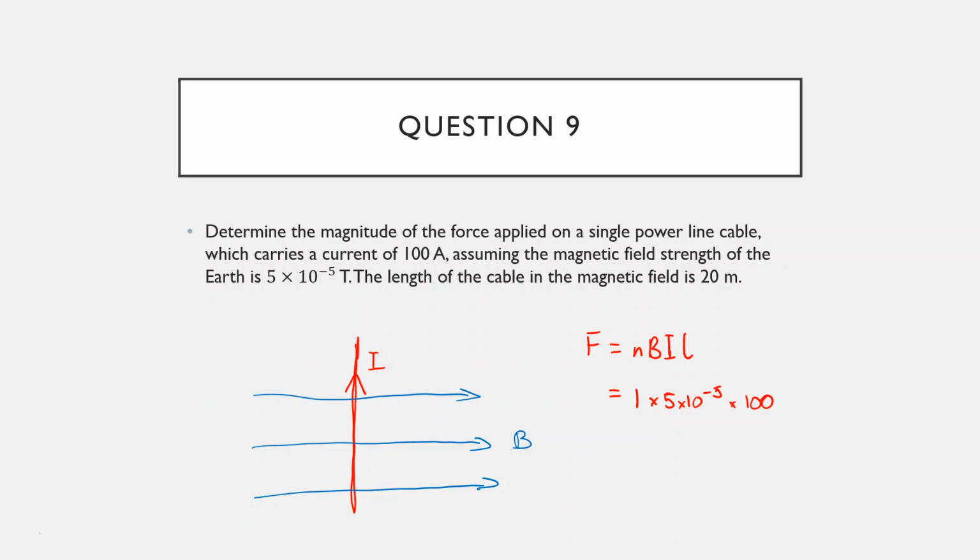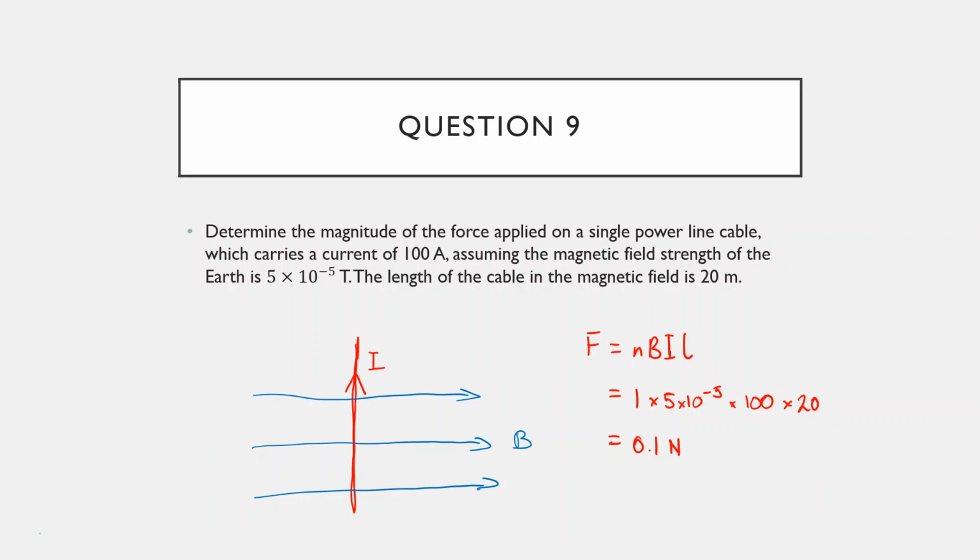And the length of the cable in meters is 20. If we put all that together, let's work it out. I haven't done the working out beforehand, so hopefully it all goes good. 1 times 5 times 10 to the negative 5 times 100 times 20, 0.1 newtons. There we go. All right, that's it. That's all it is.